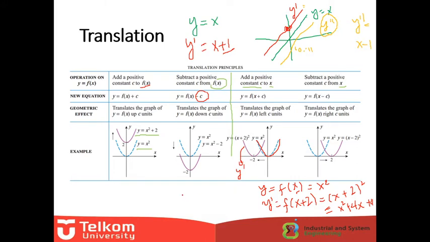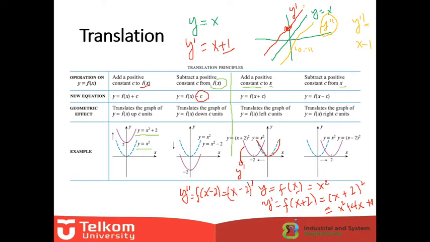Next, how about the subtraction, y double prime? We have f, and we make the subtraction x minus 2, so we have (x - 2) square.